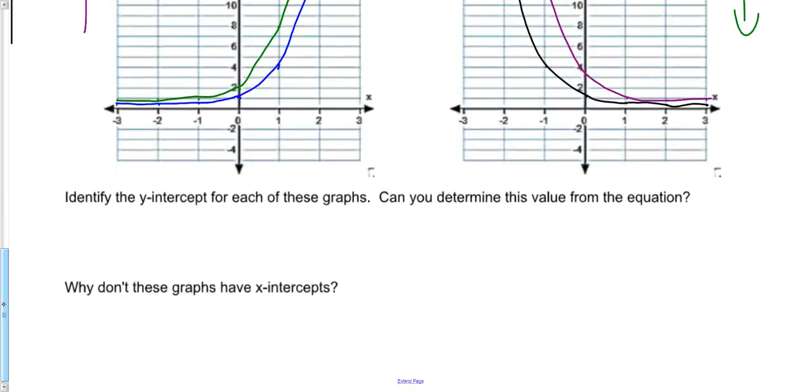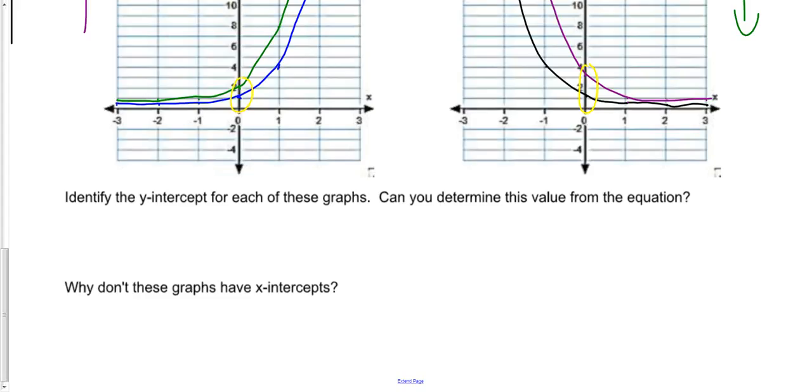So the y-intercept for each of these graphs is given to us right in this section. Okay, we saw it digitally. We saw it on the table of values. We can also see that the y-intercept is right there.